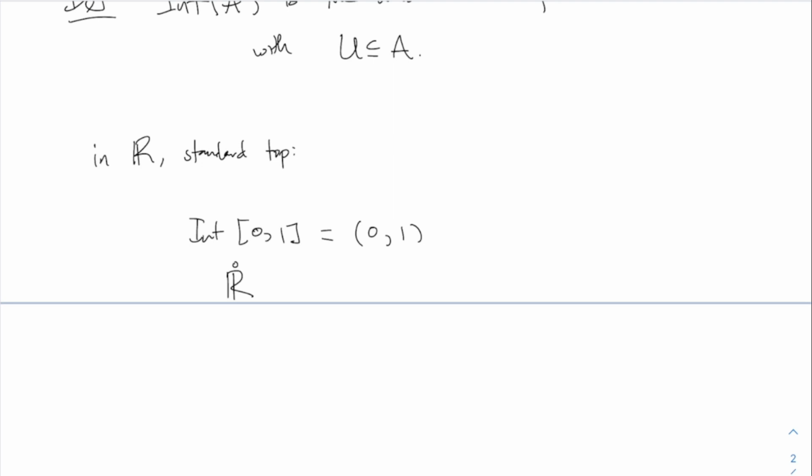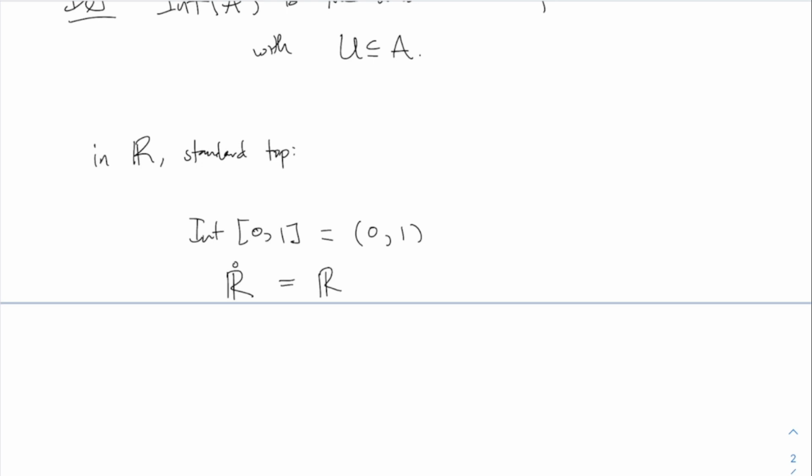How about this? The interior of R. That is, you start with everything and remove a few points, or maybe a lot. It's not always a few that you have to remove, but to make it open. This may be slightly a trick question. Any thoughts? Is it just R? It's just R. Why do you say that? Because R is open.